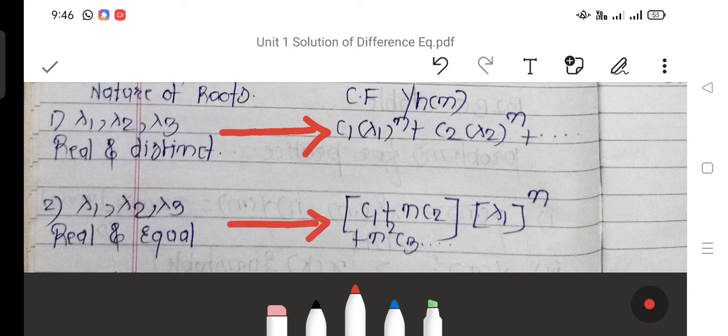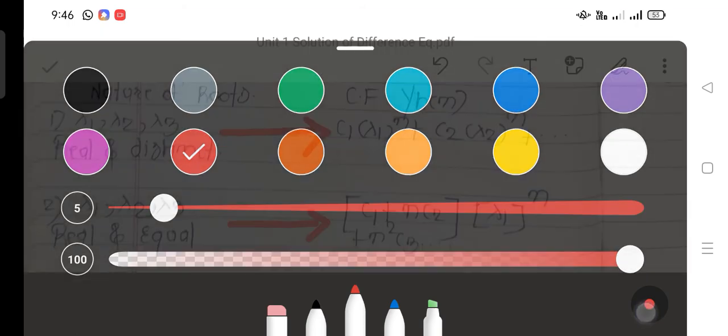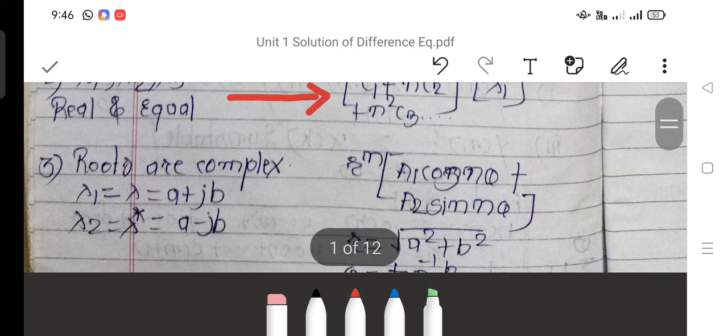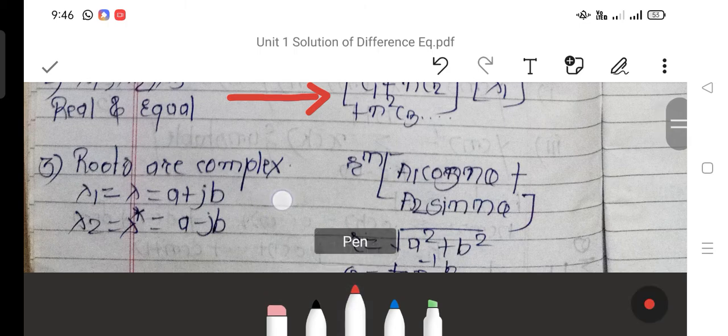Next, if it is complex, then the CF will be like this. So this is the first part of the solution of the difference equation, and now we will move towards the next part.